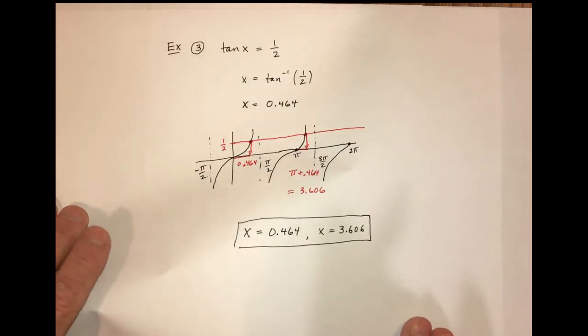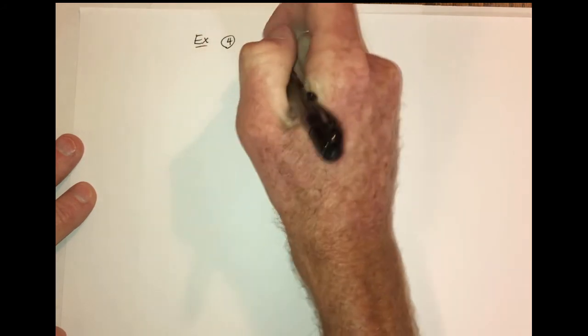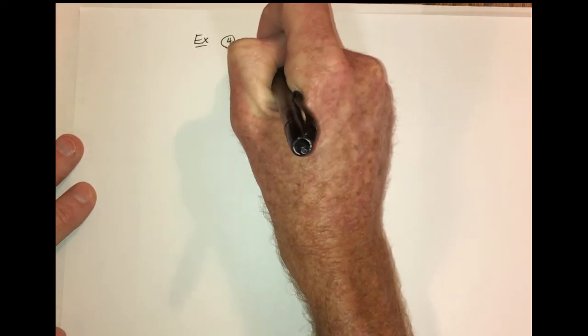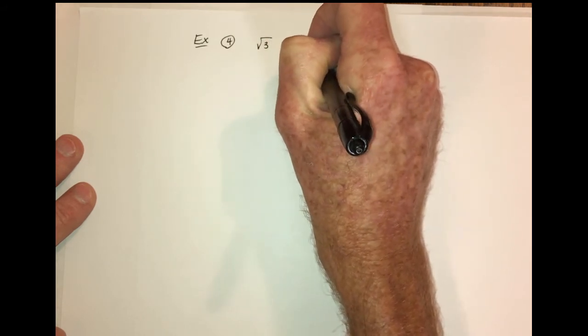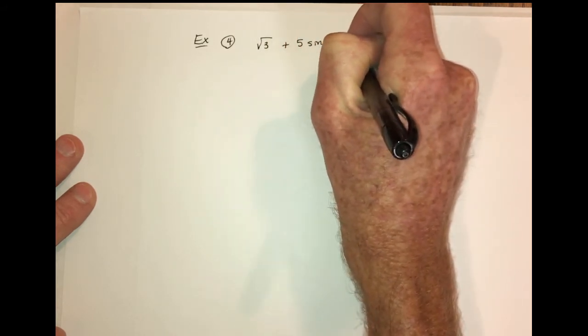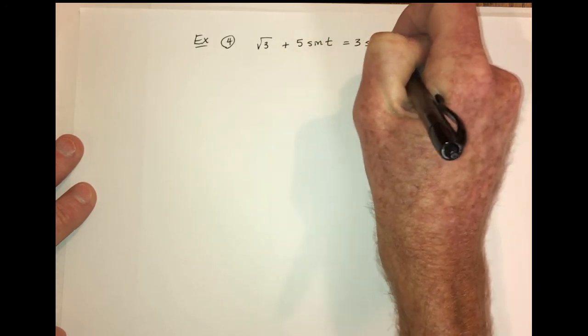Okay, then let's do something that is a little more challenging. Example number 4. How about the square root of 3 plus 5 sine of t equals 3 sine of t?